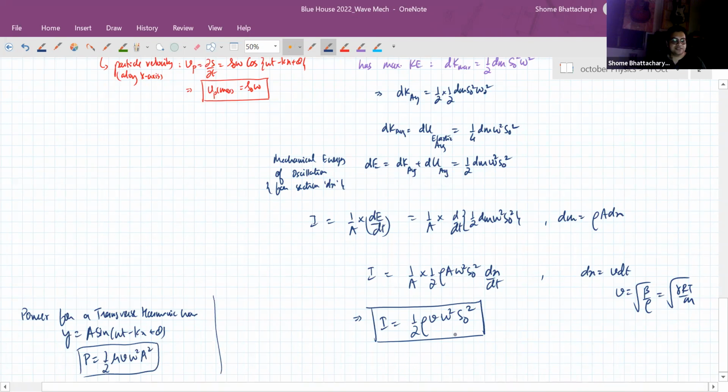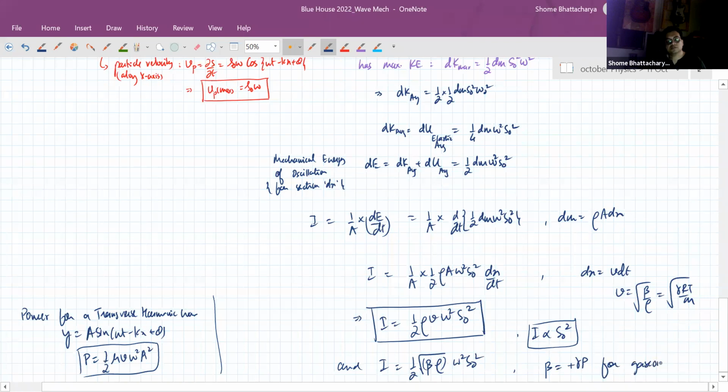You divide the whole expression by area, so it has become intensity. And the rest of the relationship is the same: the intensity is proportional to the square of the amplitude. You can also write the intensity as half square root of bulk modulus into density into omega square into s naught square, where bulk modulus becomes gamma P for a gaseous medium.